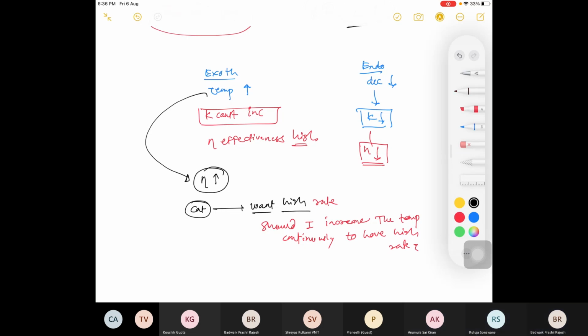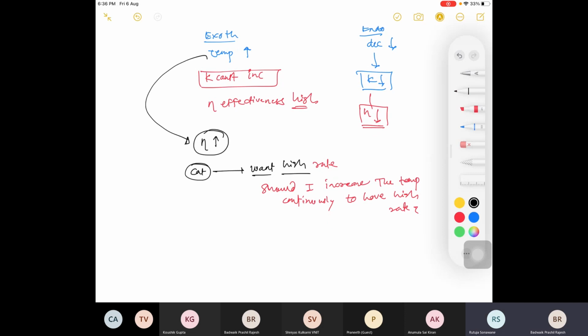Cracking. Yes, that is the reason. The reason what you told is correct. First one is mass transfer should be favorable. Suppose there is mass transfer and this mass transfer is decreased by increasing temperature, then we cannot go for that because we want steady state. Then only we will have a high rate.